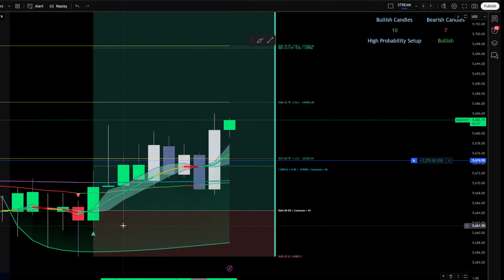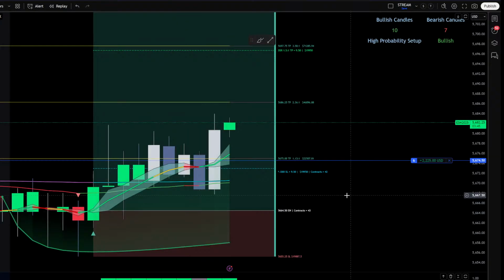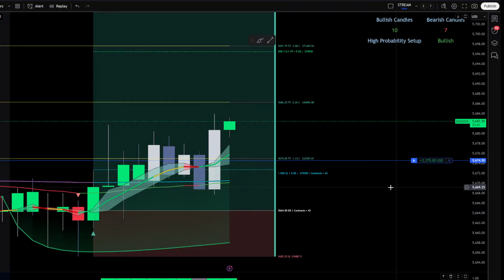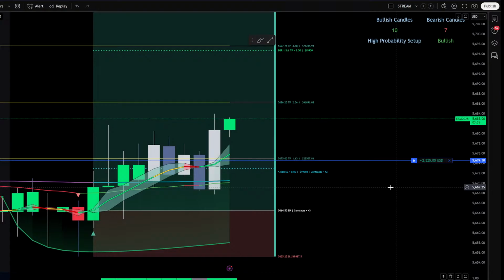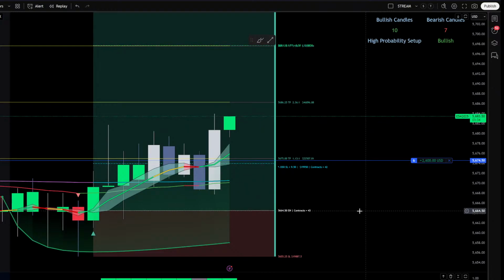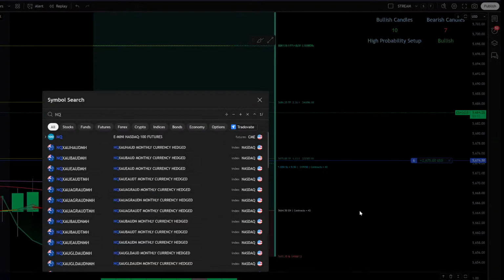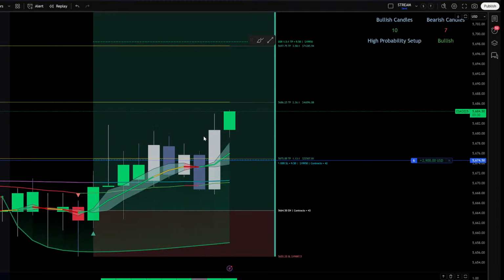You guys see that wick stops you out, then you get a re-entry. You get an 84% chance of making money. So here we are in ES and we're making money with ES. Let's go ahead and see what we're doing with NQ.